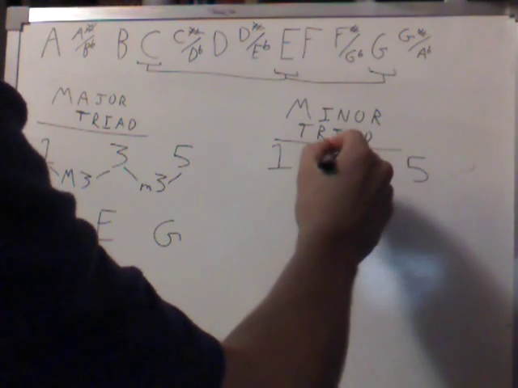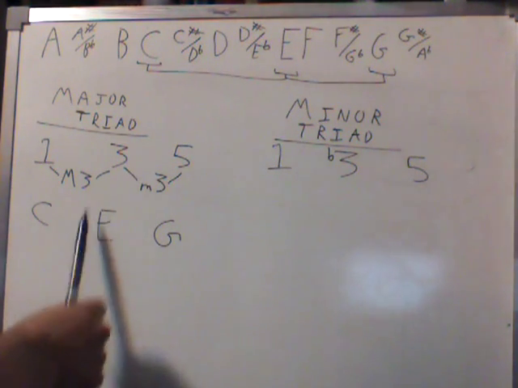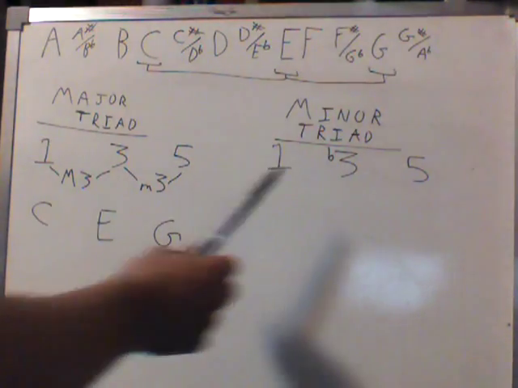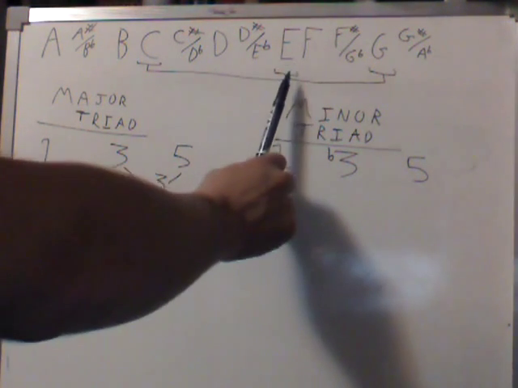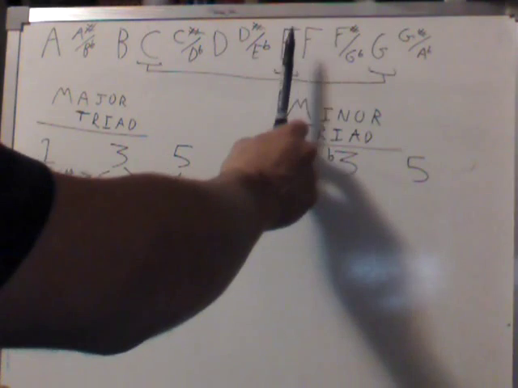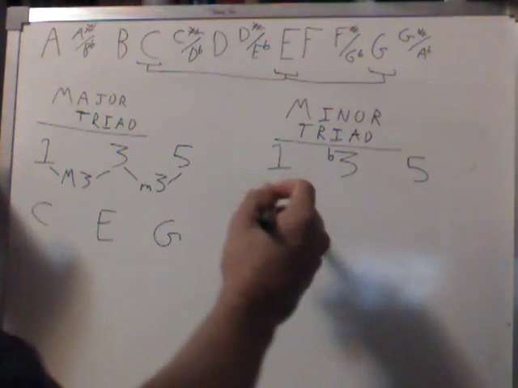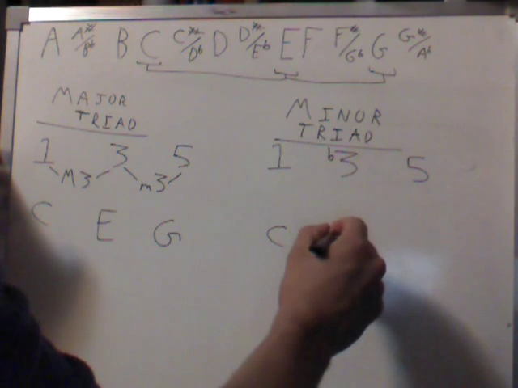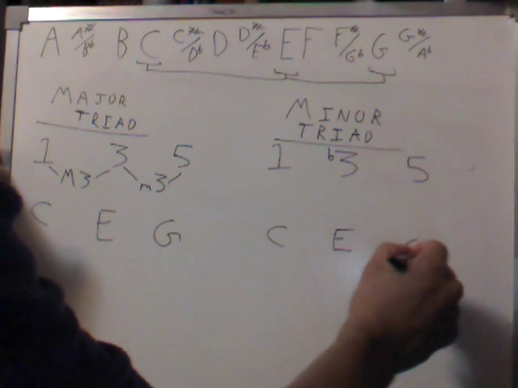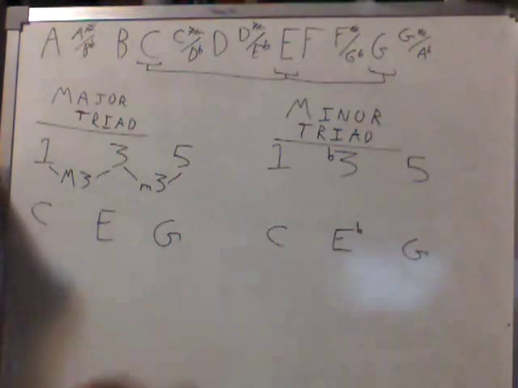The third is flatted. What does flat mean? Well, it means they take the third note, which is E, and they make it a flat. So they take this E and bring it down a semitone, which means this E becomes an E flat. So instead of C, E, G, it becomes C, E flat, G.